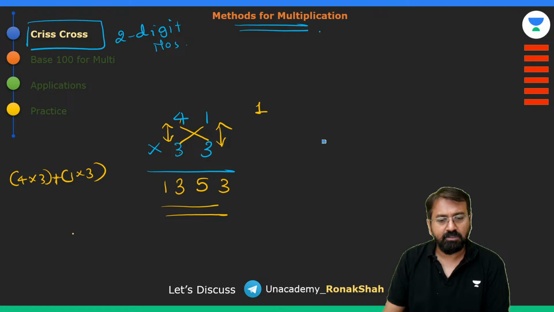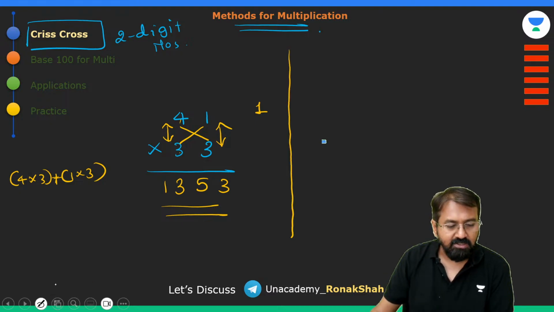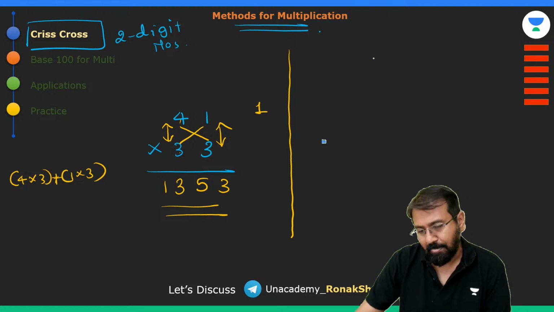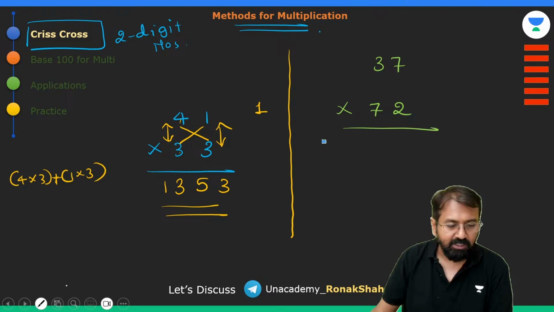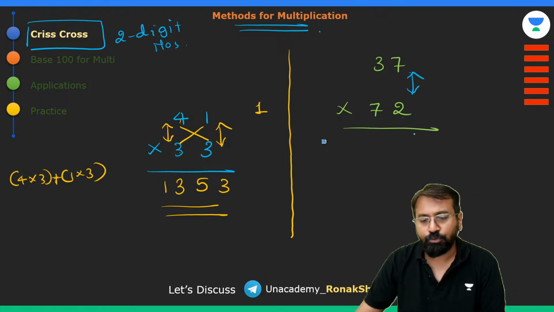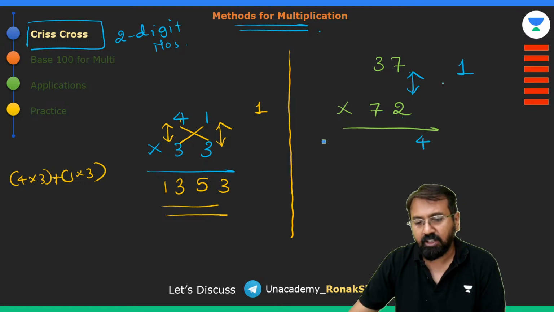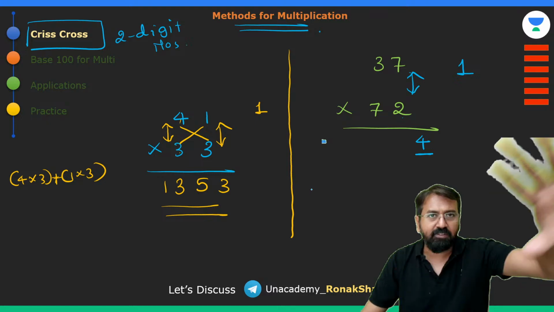Are we all clear? Let me take one more example so things become clear. Suppose I want to multiply 37 with 72. Multiply the rightmost 2 digits. 7 2s are 14. Keep 4 over here. 1 will be carry. You just need to keep 1 digit in the answer. Everything remaining becomes your carry.